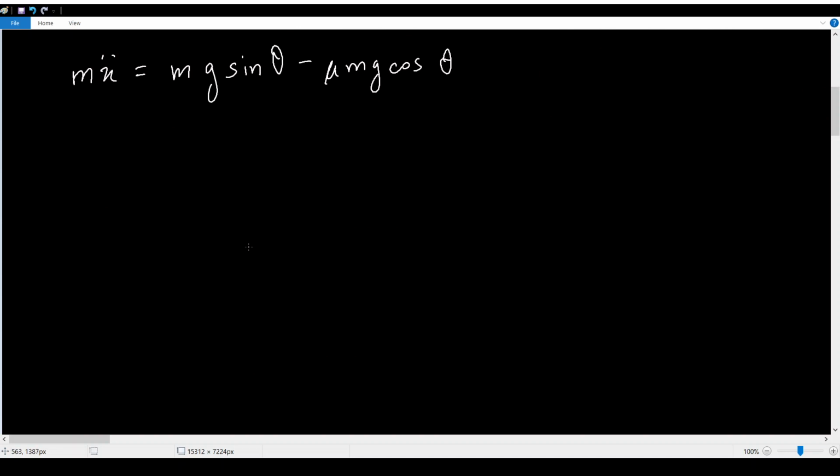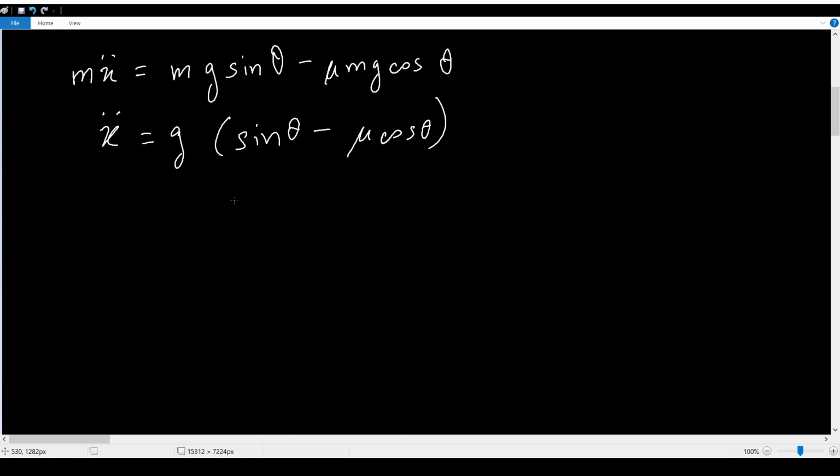Having gotten this, what we note first is that m is common. So we can write the acceleration in the x direction as g, since g is common here, g times sine theta minus mu cos theta.